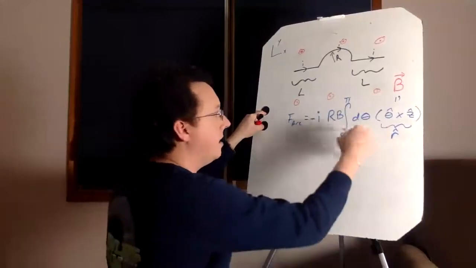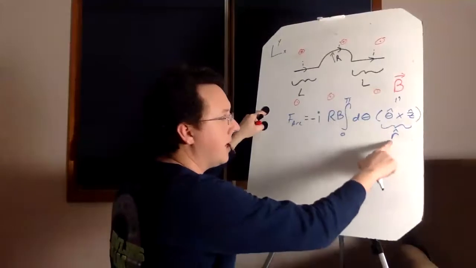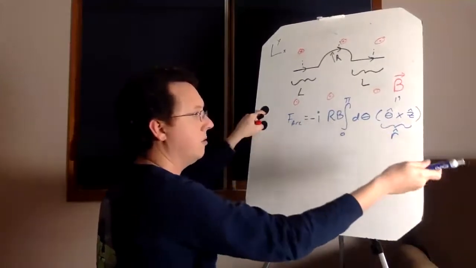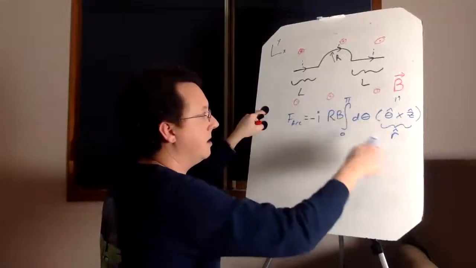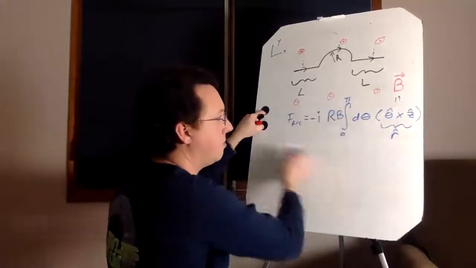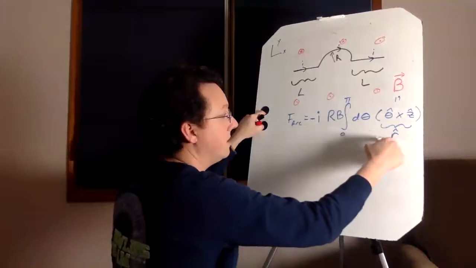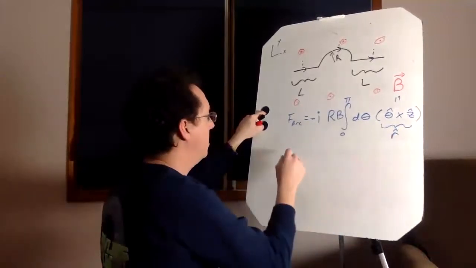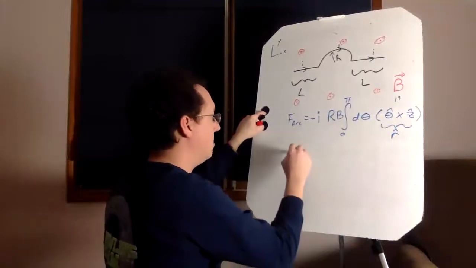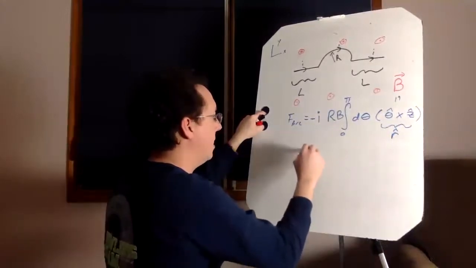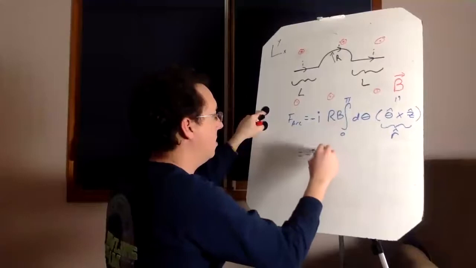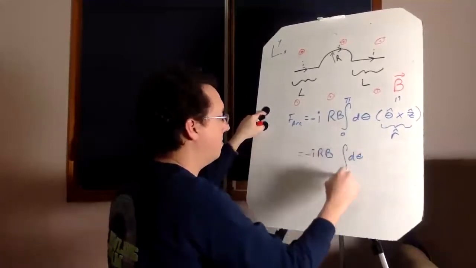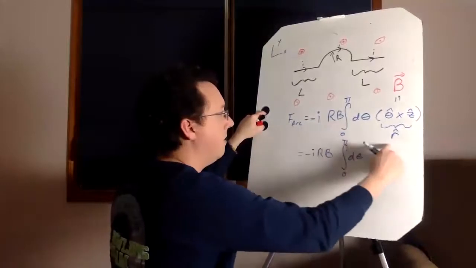And then now I have to do an integral. Remember, r hat is not constant. The polar unit vectors depend upon theta. So when you do this integral, you can't just pull it out. You have to remember that this is a function of theta. We wrote it down before. I'll write it down now. And we have to do that integral. So this becomes minus I times r times b times the integral d theta from 0 to pi of r hat.